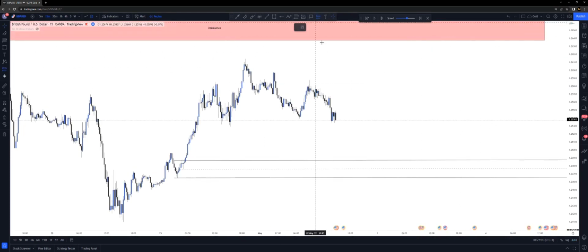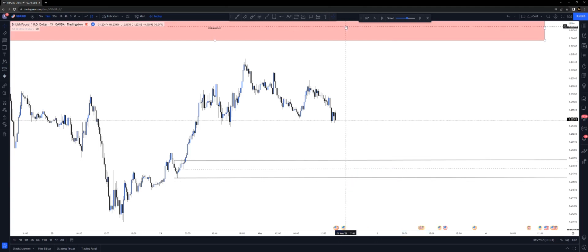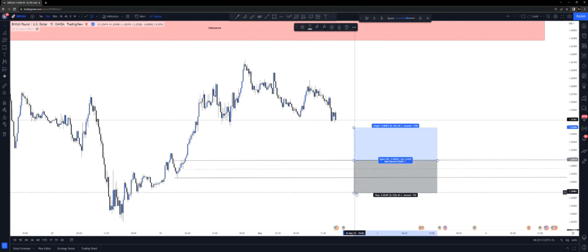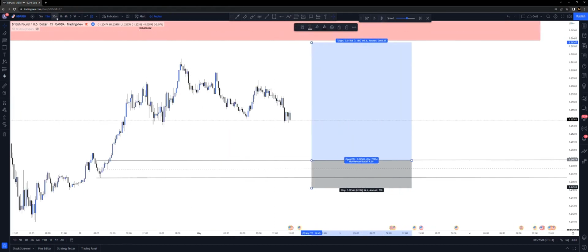So we'll take our buy trade right here at this level. Stop loss is tight, then the target. Okay, so that's perfect. Let's see how this plays out.